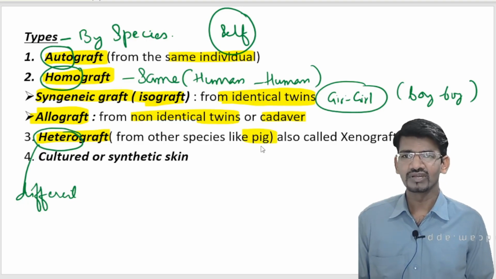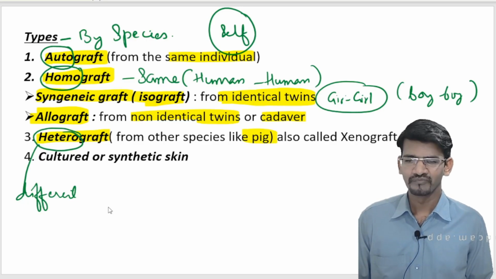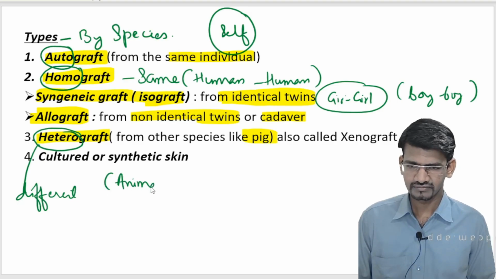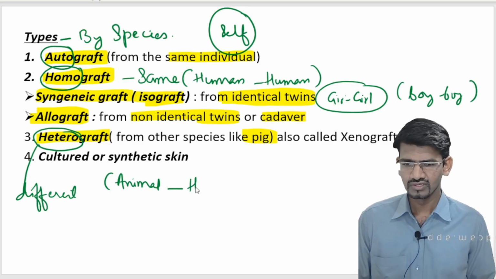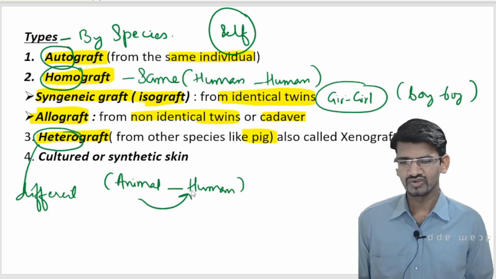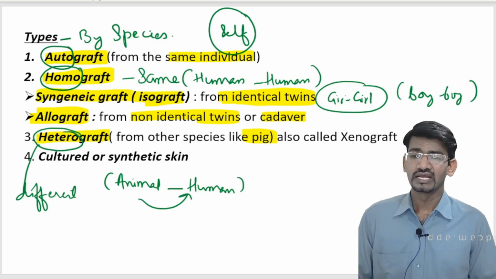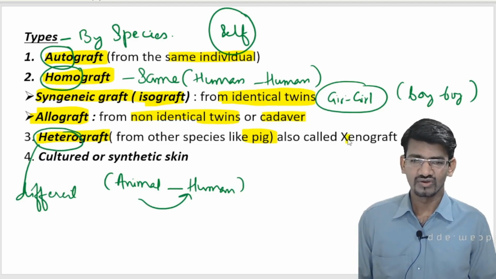We commonly use the skin of a pig. So you can consider it as animal to humans, means the skin from animals will be transported to humans. So that is what we call a heterograft, and it is also called xenograft.